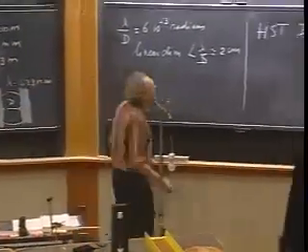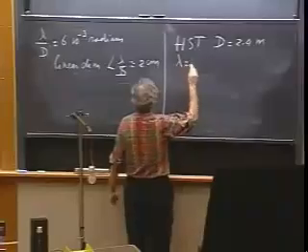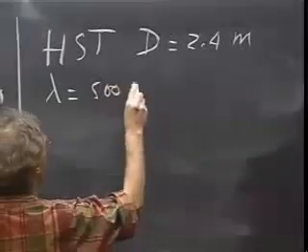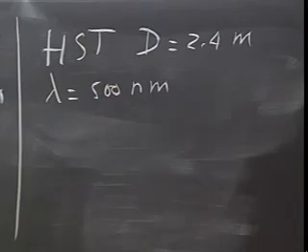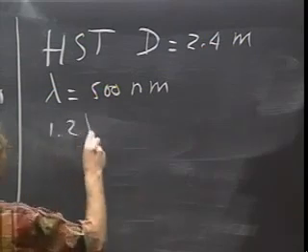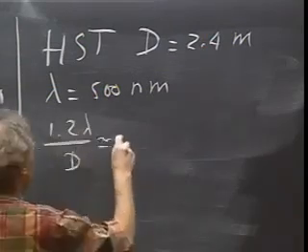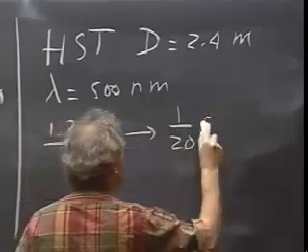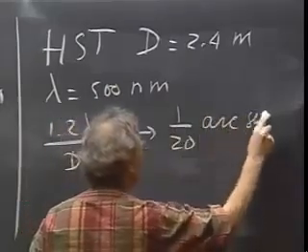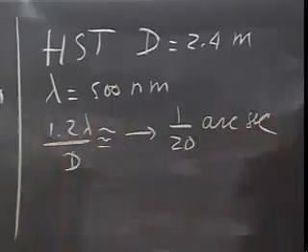So if I take an average wavelength of the optical spectrum of about 500 nanometers, I realize that it goes all the way from 400 to 650, but if I take this as a representative wavelength, then 1.2 times lambda divided by d translates into about 1/20th of an arc second. That is an incredible resolution. 1/20th of an arc second.